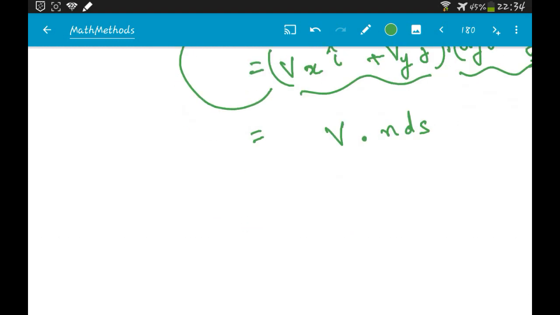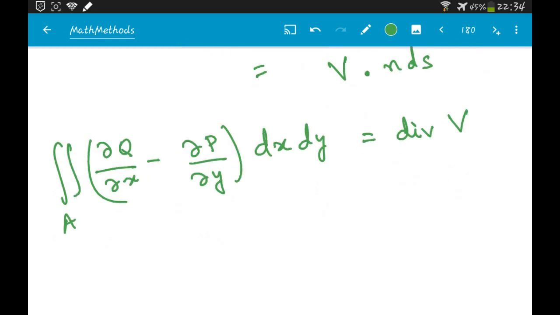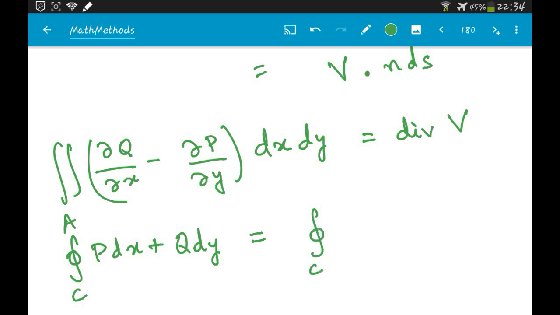So ultimately, if you see from Green's theorem, we have derived another equation. Our integral over A of dou q by dou x minus dou p by dou y dx dy was the divergence of v, and the integral of p dx plus q dy over the closed loop is the integral over the loop of v dot n ds.